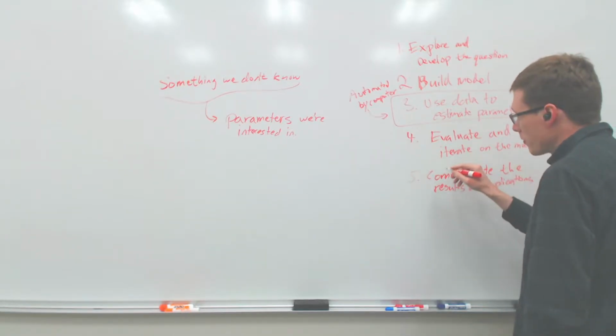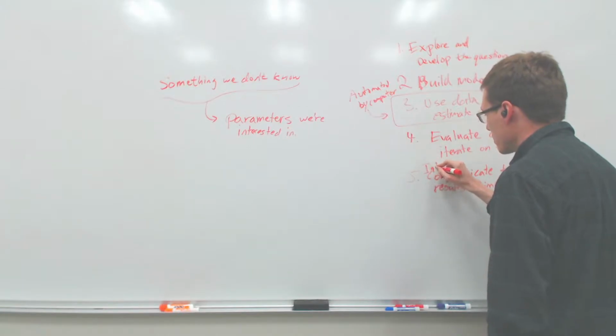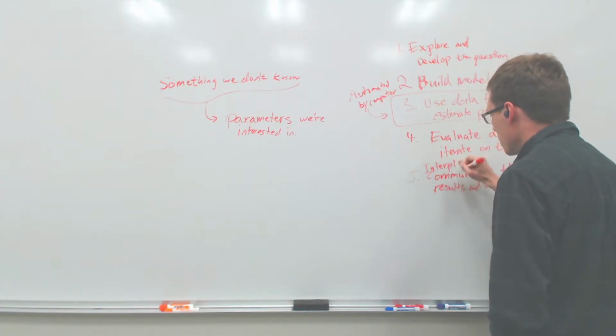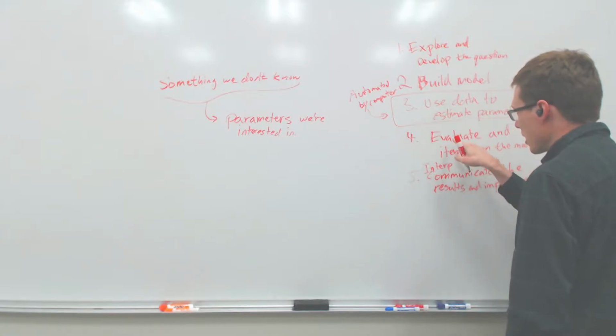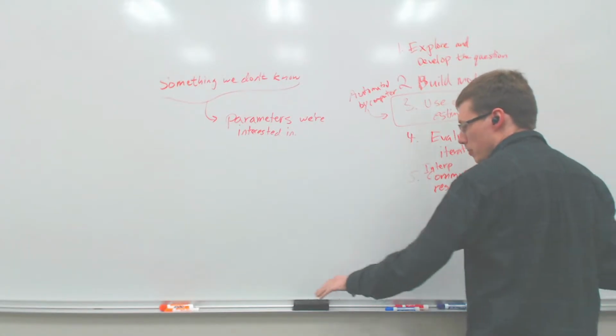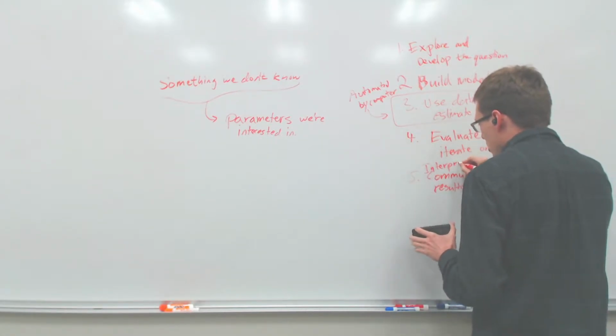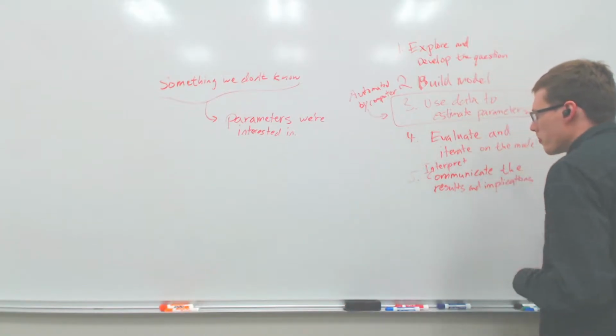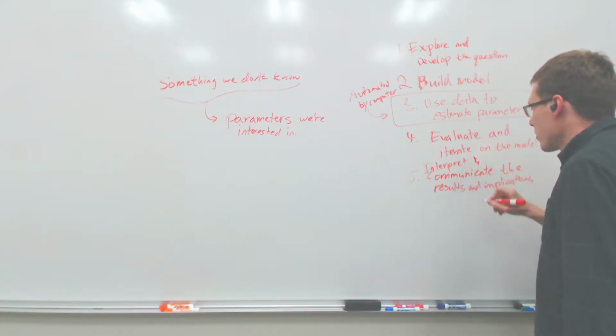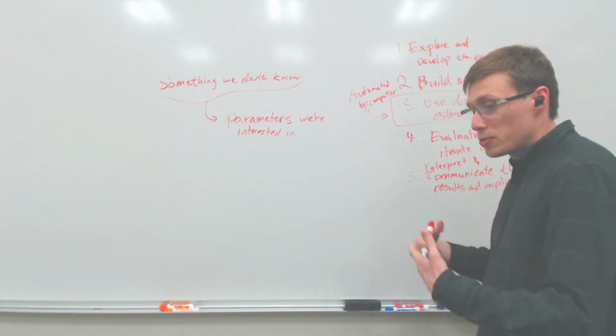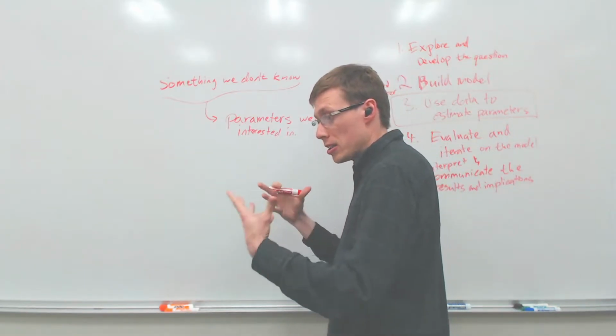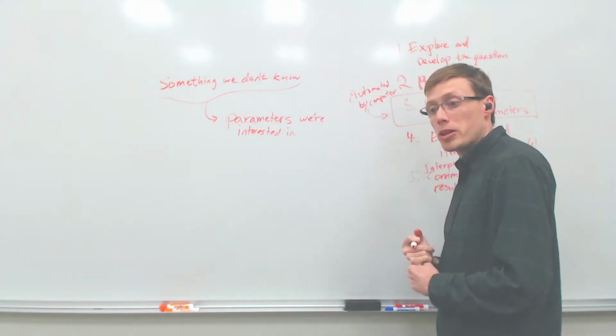So you have to interpret and communicate, I suppose. Although I would say that interpret is kind of part of the evaluation up there. So somewhere in between the two, you've got to do it in both of them. All right. And so here, it's how do you display the information? How do you actually package it up to communicate to people?